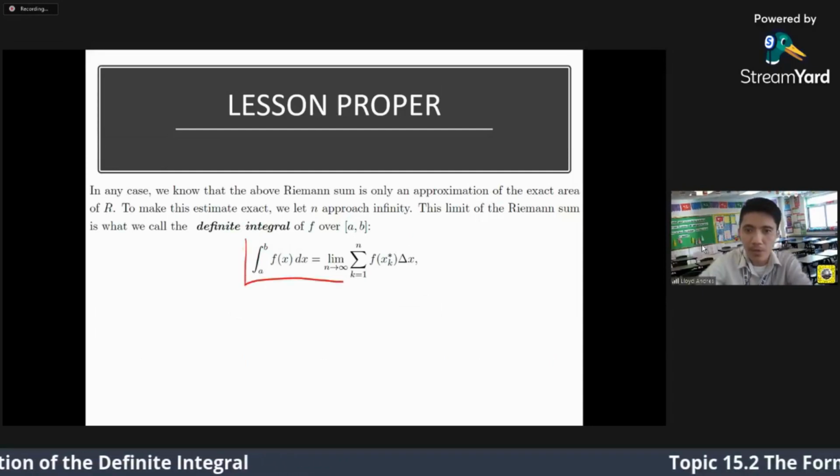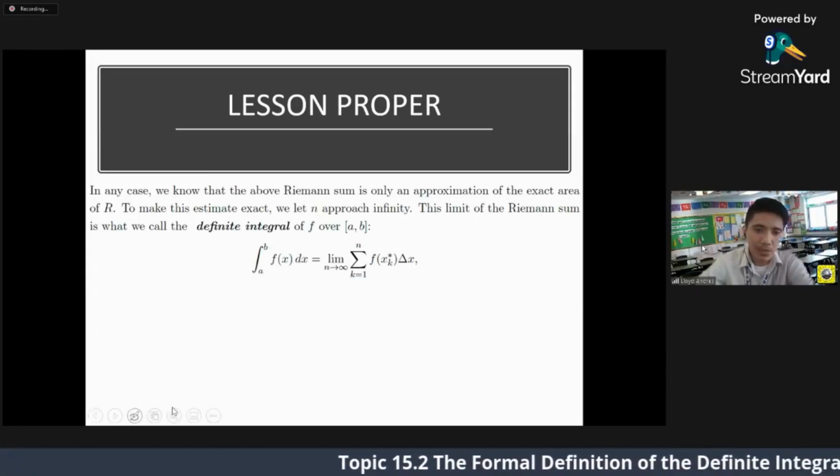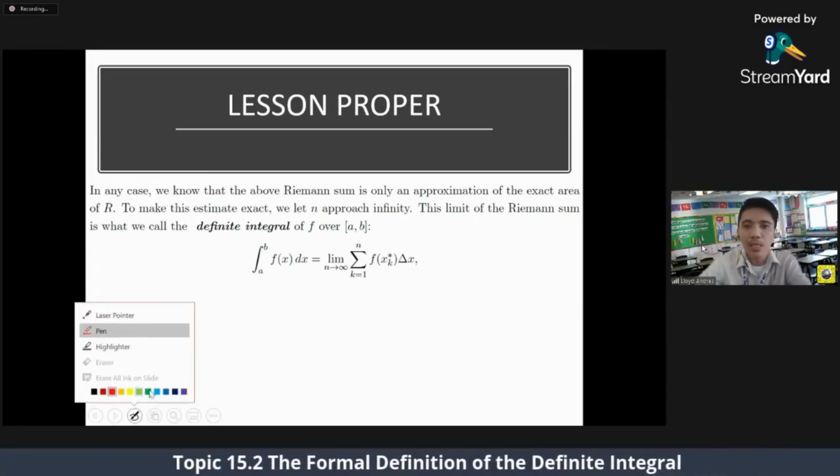So this is now our formula for the definite integral.